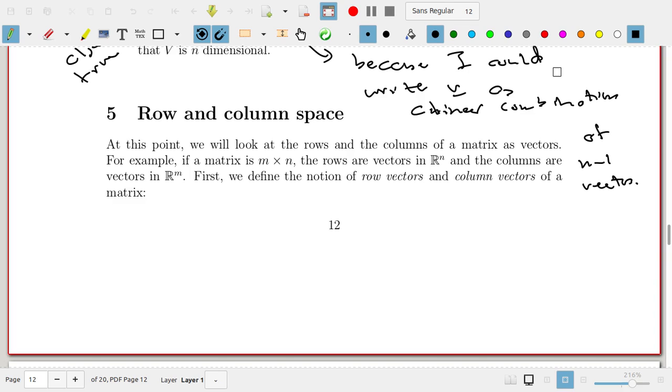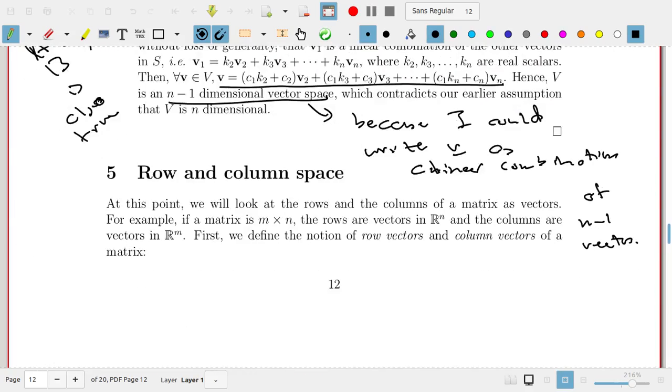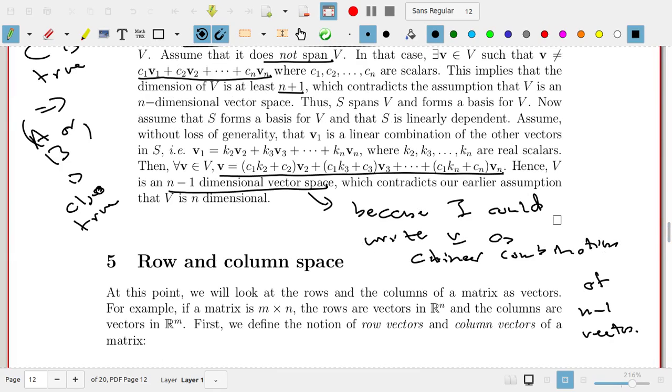This theorem, 6.6.16, is going to be useful later when we prove the equivalent statements about matrices.